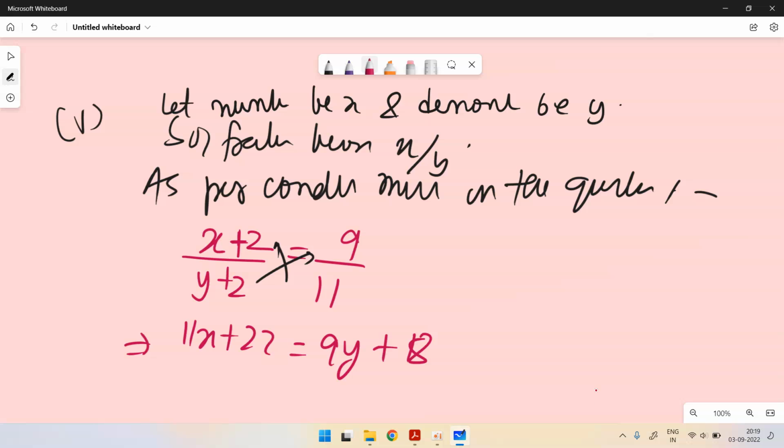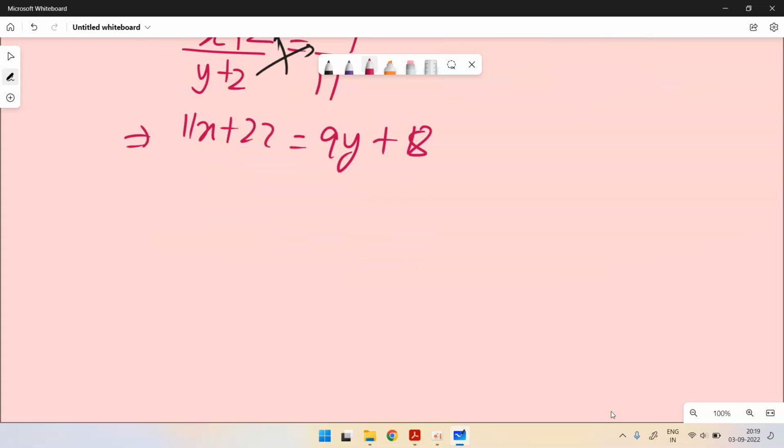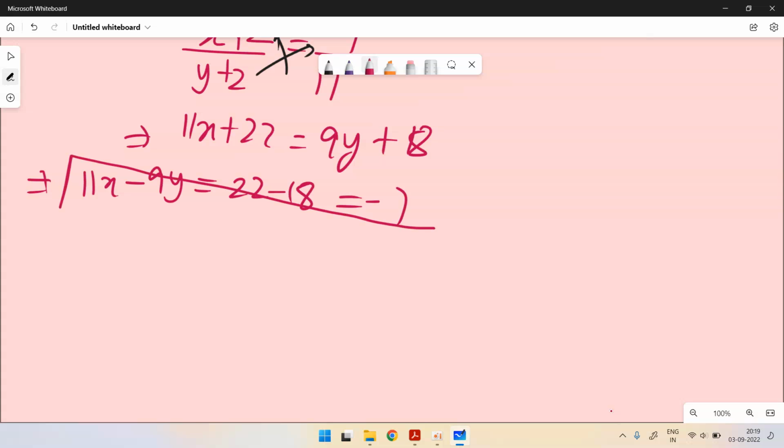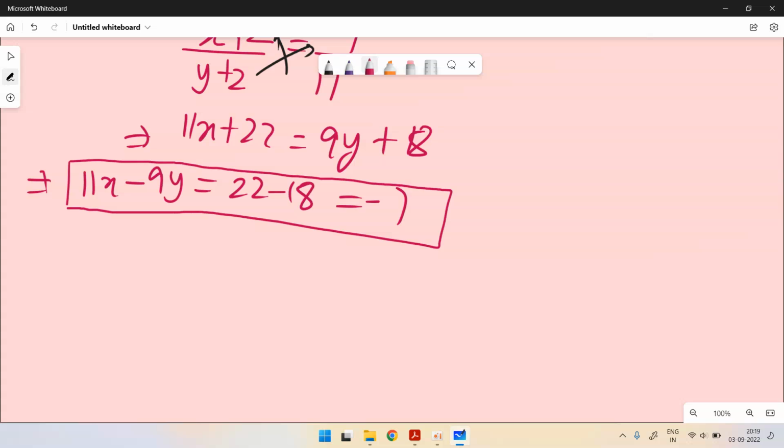If you solve further, it becomes 11x minus 9y equal to 22 minus 18, equal to minus 4. I am taking this as the first equation.